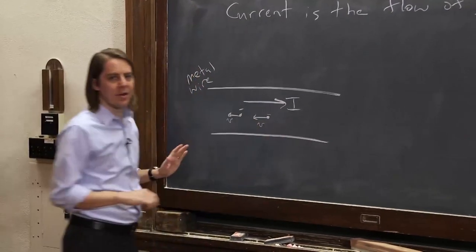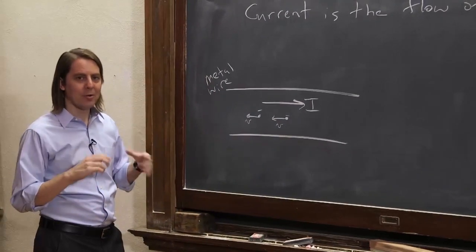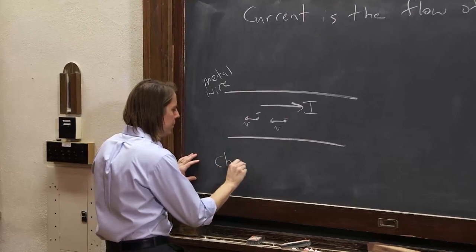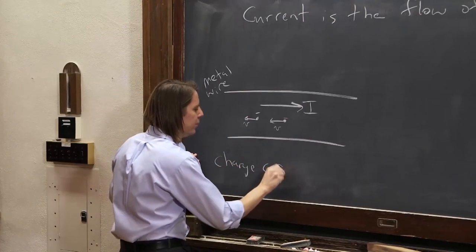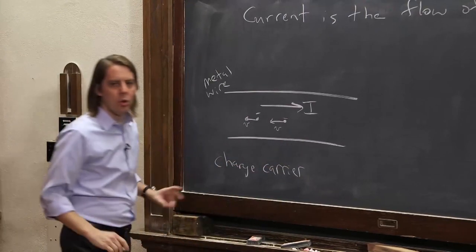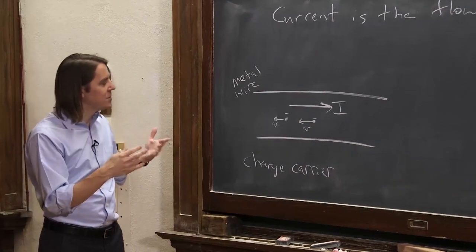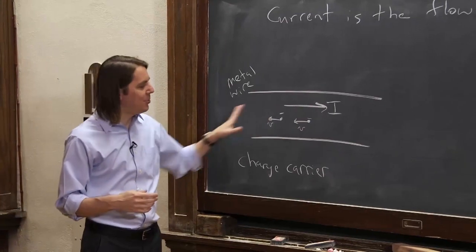Therefore, if you're talking about negative particles moving, they're going in the opposite direction. We call those particles the charge carrier. So if you're ever unsure which way real charges are moving or which way the current is going, if the charge carrier is negative, then it's opposite of the current.